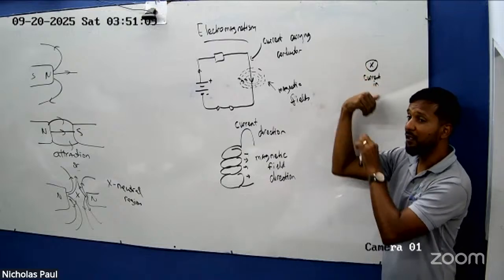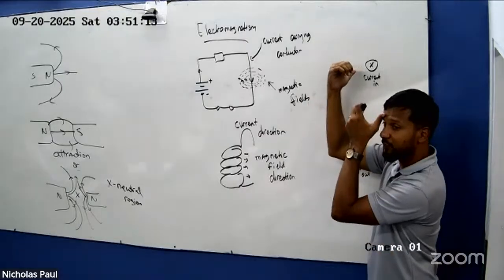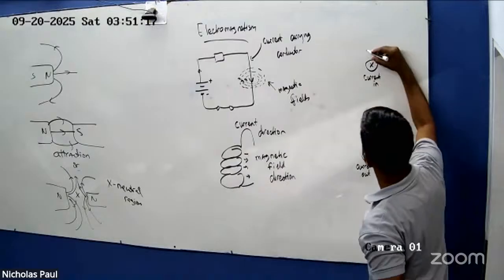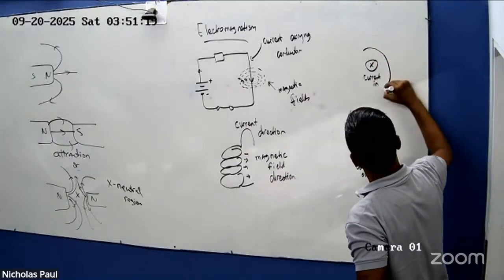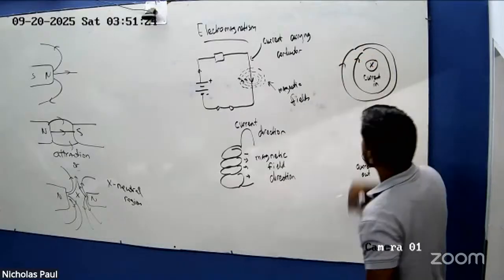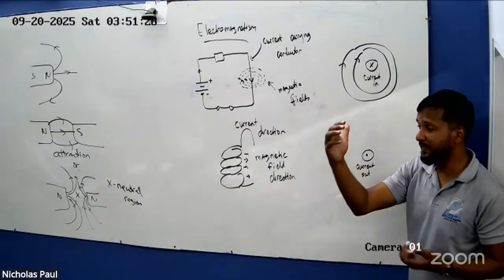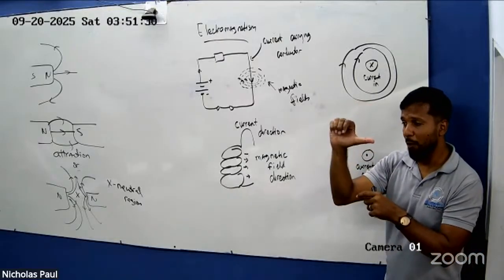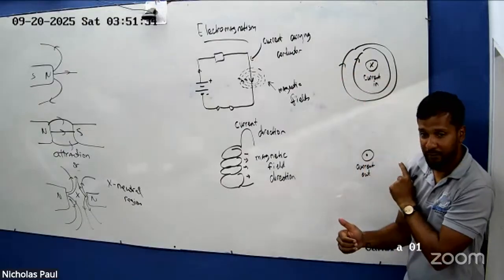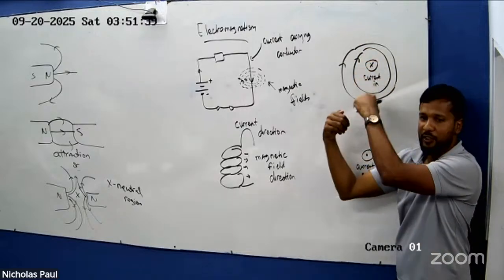Pointing in a clockwise direction. You okay with that? Watch it again. Right hand grip rule, thumb points inwards because this symbol means in, and your fingers point in a clockwise direction.